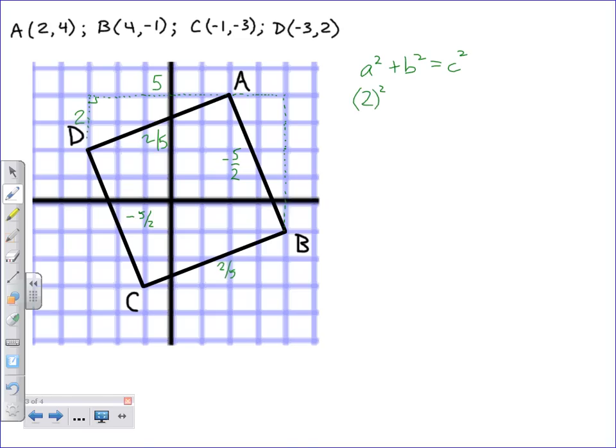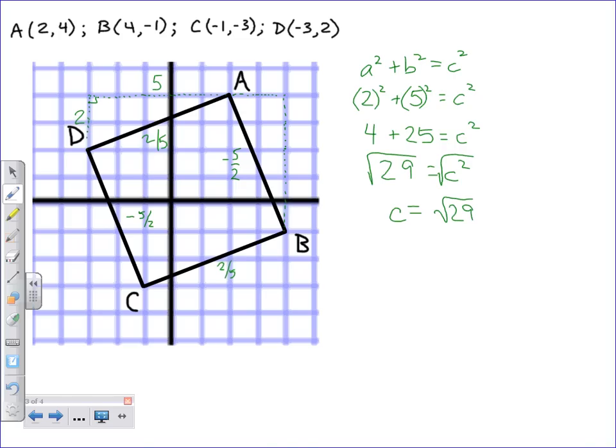We have 2 squared plus 5 squared equals c squared. 4 plus 25 equals c squared, and that would equal 29. And then we need to take the square root of both sides to get rid of that square. So c is going to equal the square root of 29. It's actually simplified the way it is, and we don't need to take it any further than that. So this is the square root of 29.